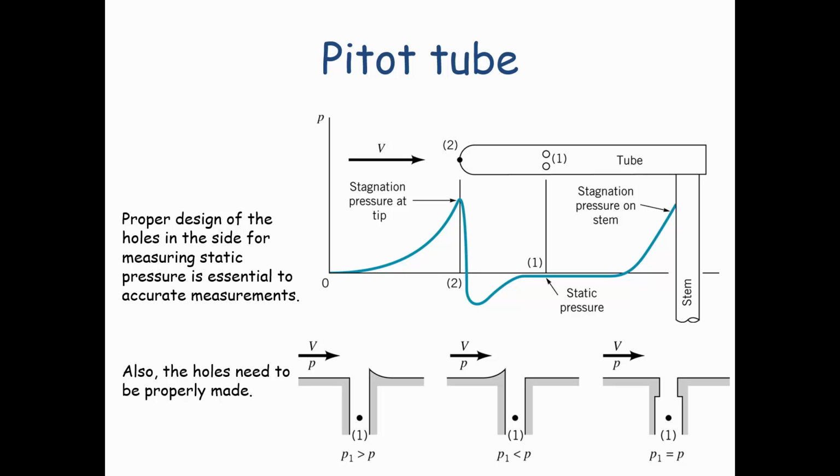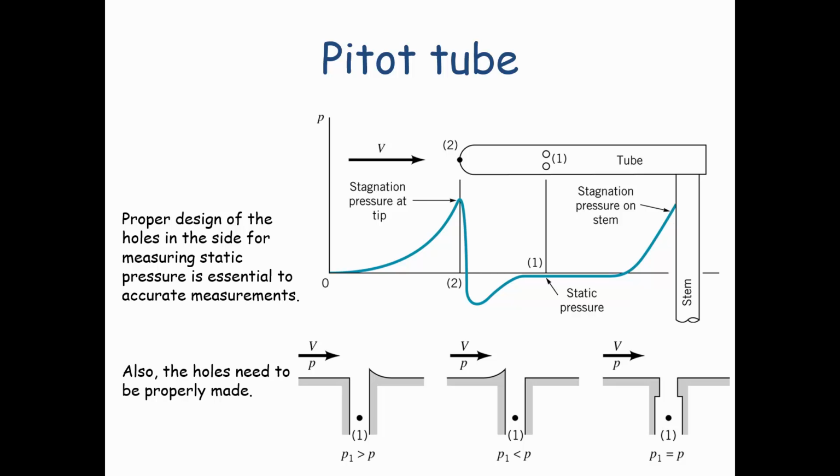Alright, so the Pitot tube is shown here. This would be for just showing the effect that there might be in accurately measuring the velocity. Now this is very important for measuring the velocity, let's say, of an airplane.